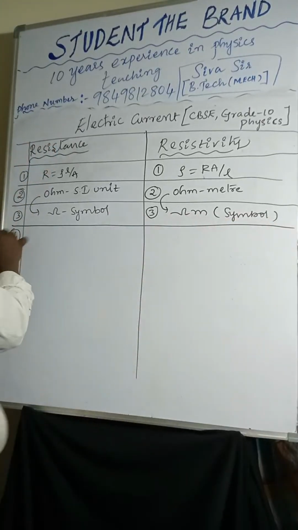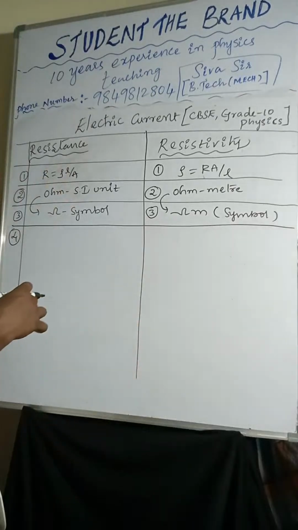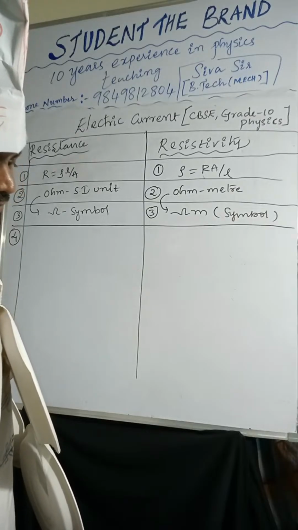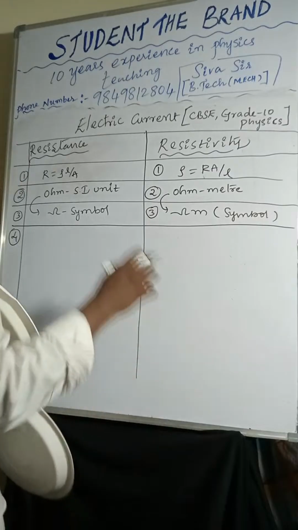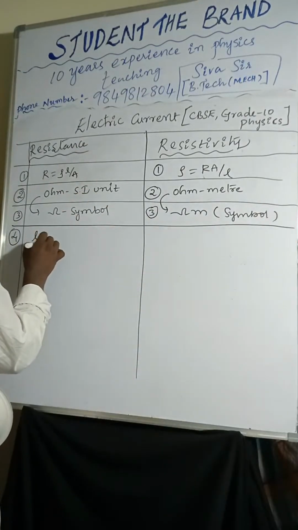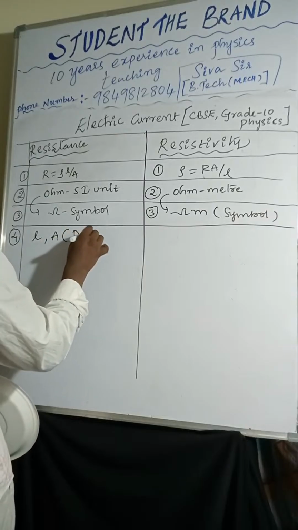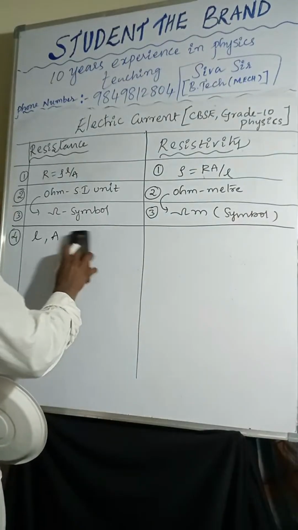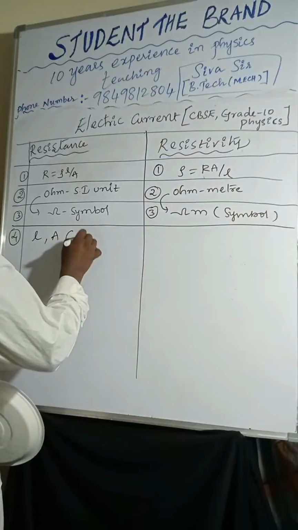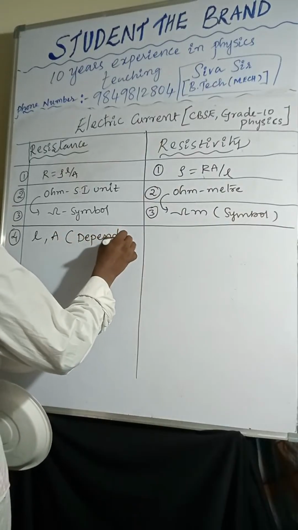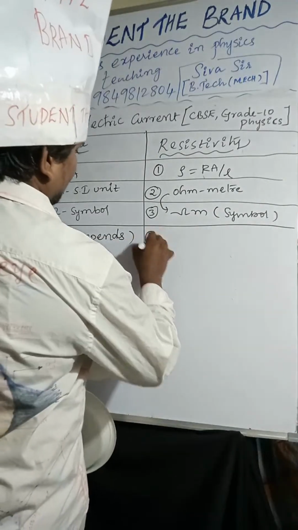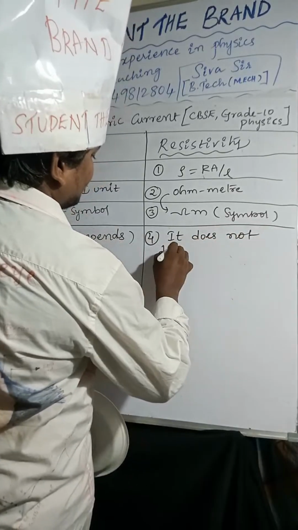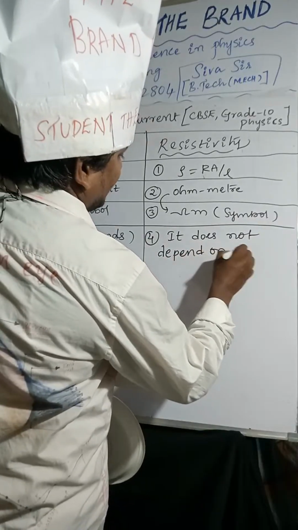The fourth one: resistance depends on the length of the conductor and the area of the conductor, these depending factors. Resistivity does not depend on length and area.